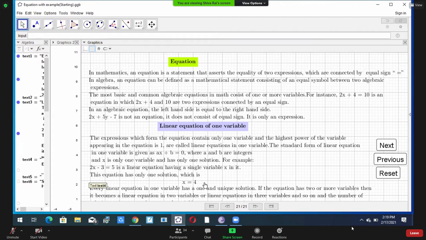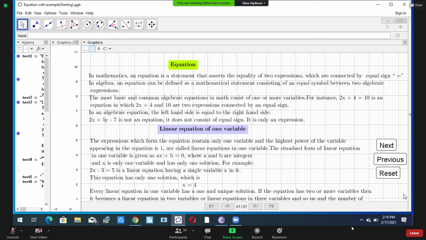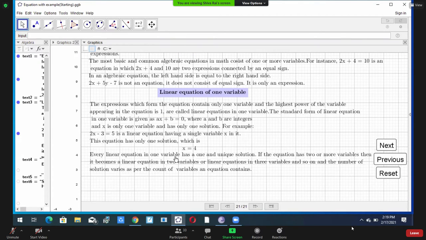If you substitute the value x equal to 4 in this equation, you will get left hand side equal to right hand side. If you are not getting left hand side equal to right hand side while verifying, then your solution is not correct. Every linear equation in one variable has one unique solution.